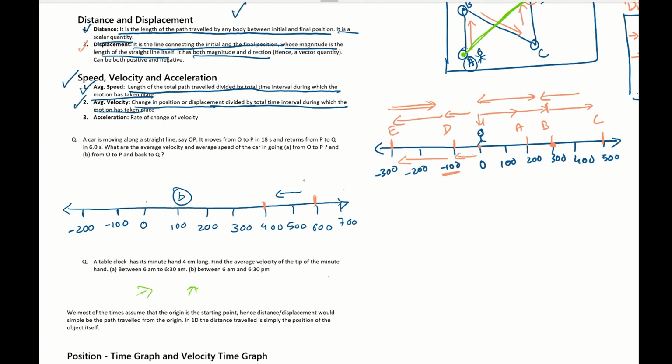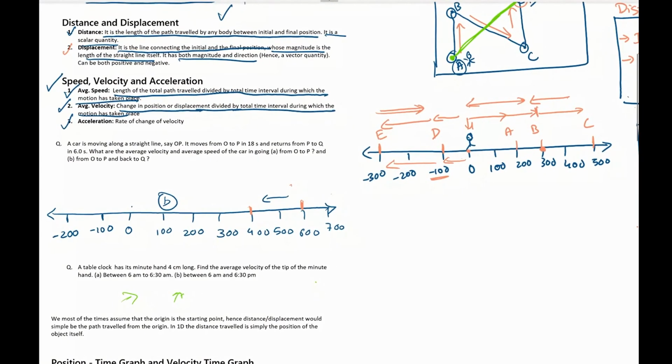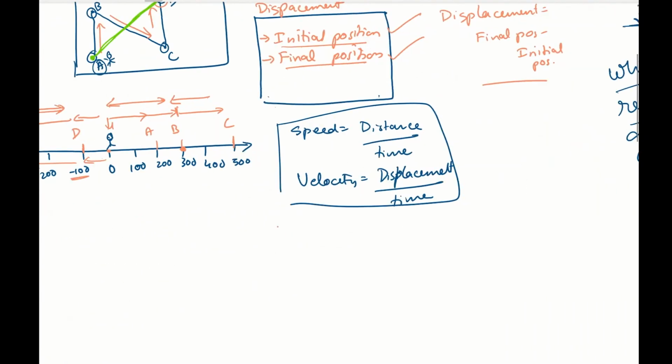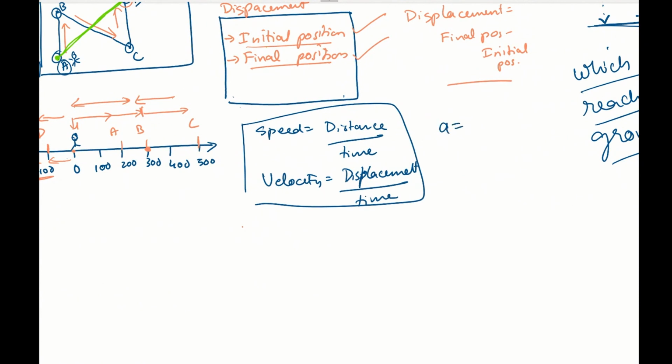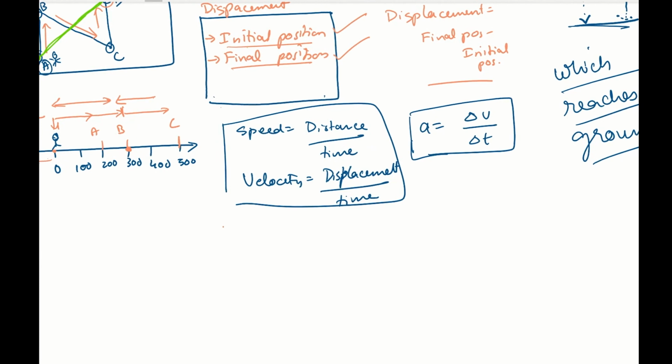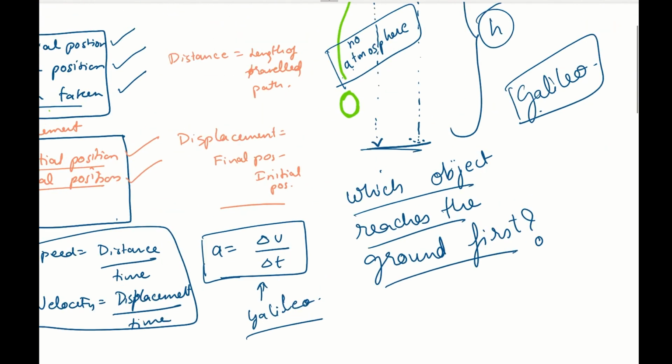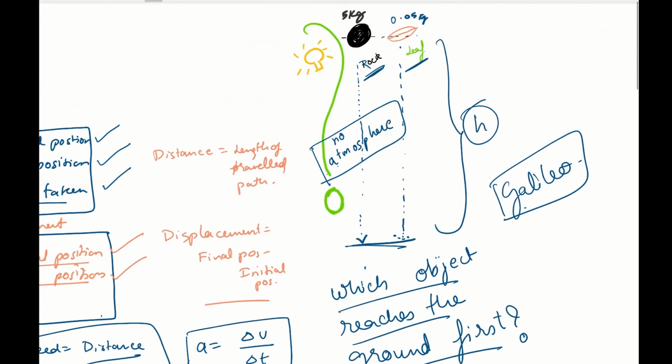Acceleration is the rate of change of velocity, meaning acceleration is delta v, or change in velocity, divided by the total time during which the change in velocity has taken place. Acceleration was again defined by Galileo, and it was related to the same example.